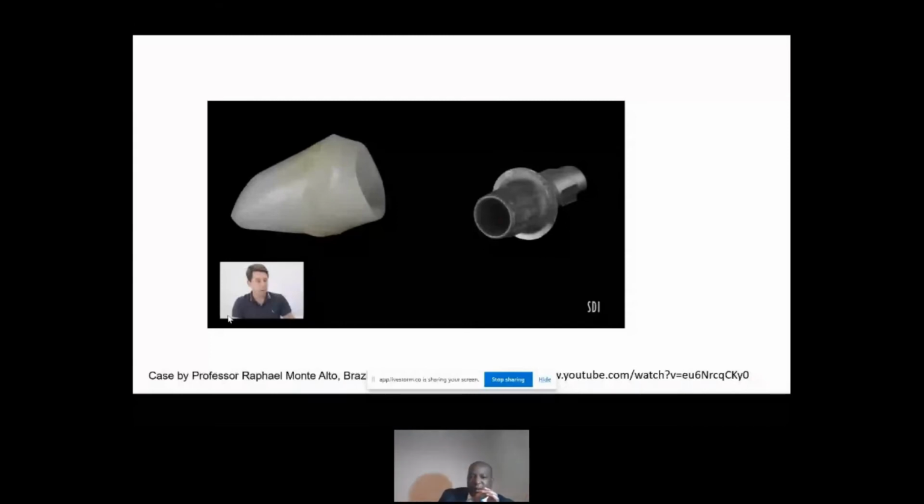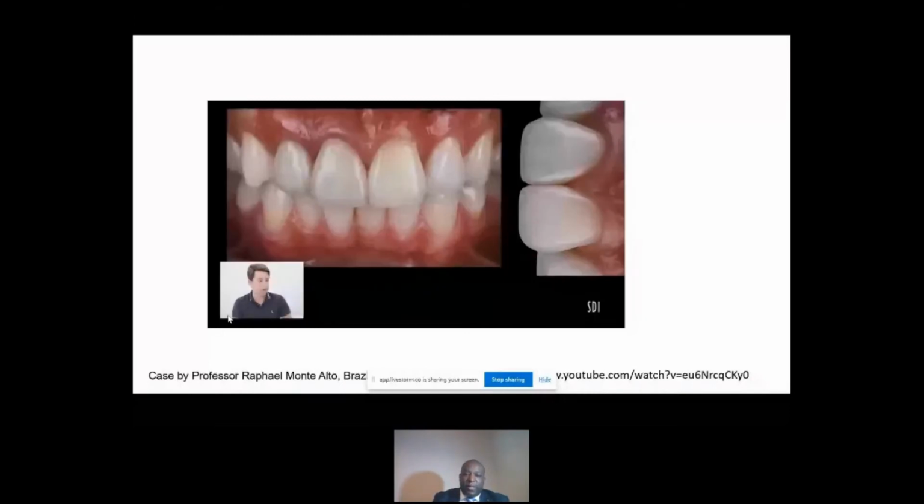One of the things that the previous slide didn't show is the importance of good isolation. In this case, rubber dam is used. So that is the final result, but we're going to go through the steps that were taken.